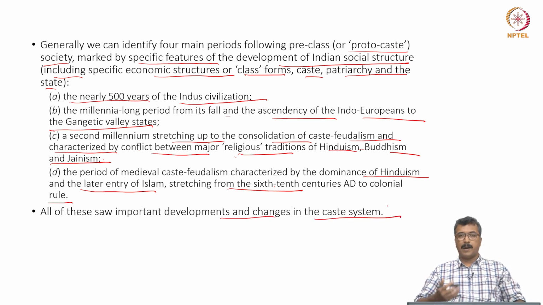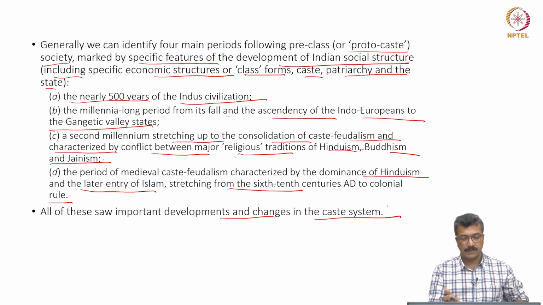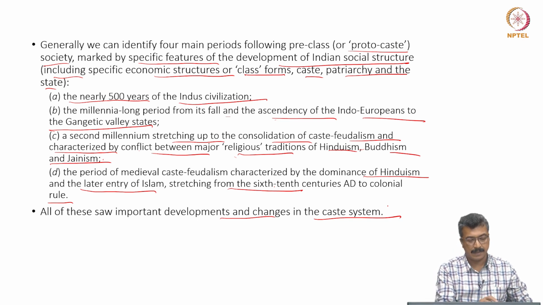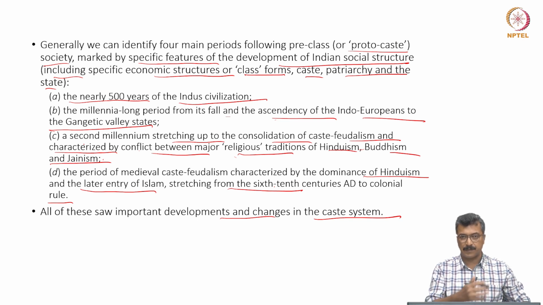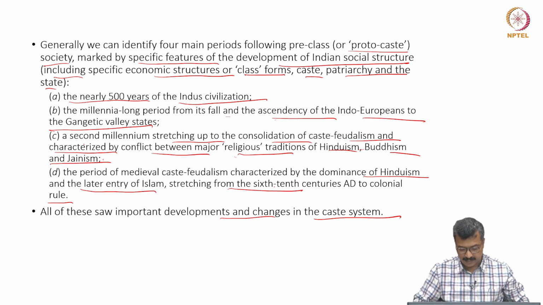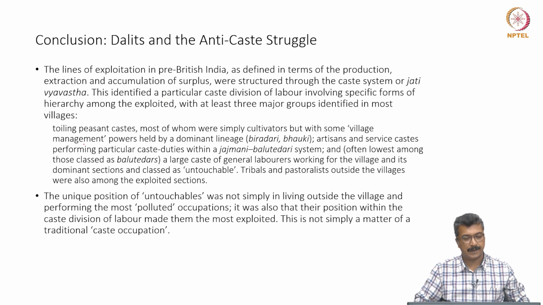So for Gail, caste has never been an unchangeable system. Caste did change in accordance with larger changes. So these are the four stages that she identifies. The first stage, going back almost 4,000 years, then the second, then the third period starting from the beginning of AD and till the later period.